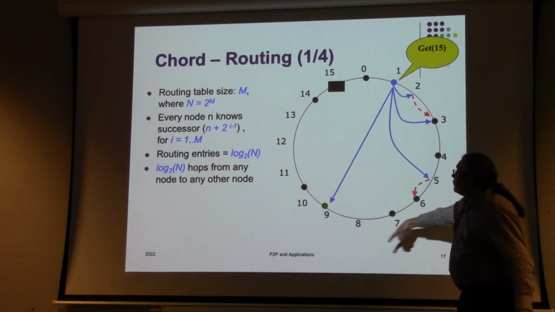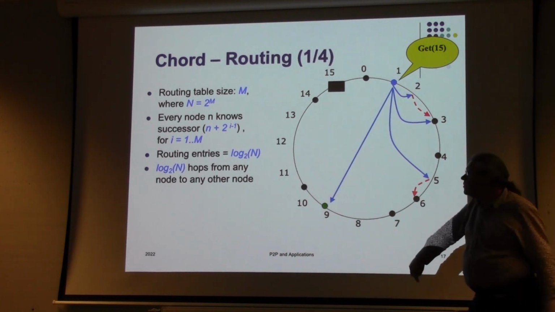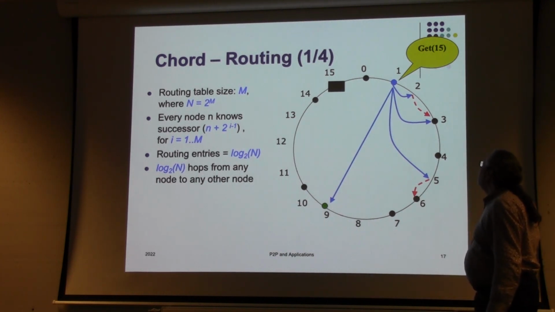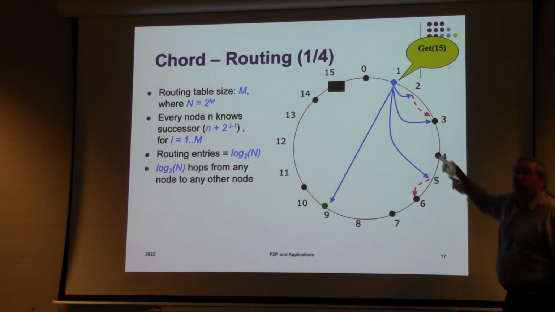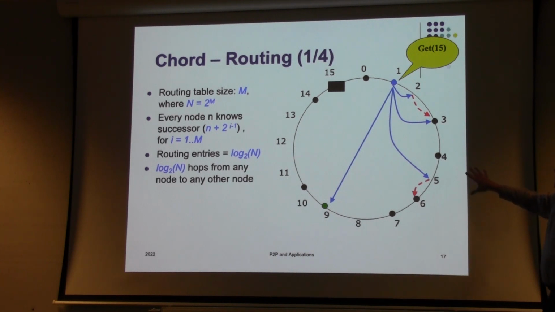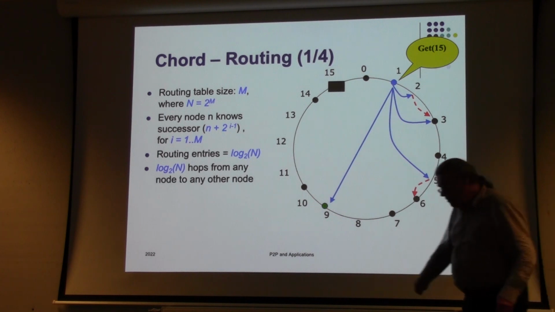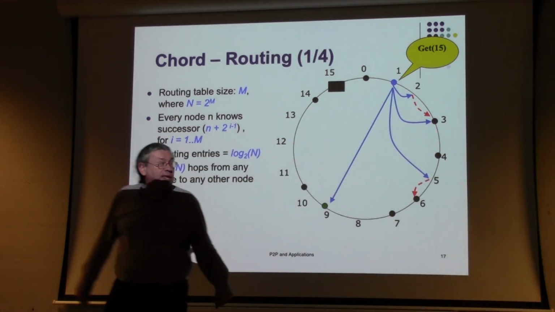But the routing will always go clockwise in Chord. Each node has 4 links, 1 link for every level, so a 4-bit space. If you have 128 bits, then you will have 128 links maximum.